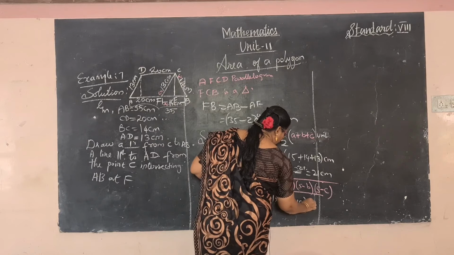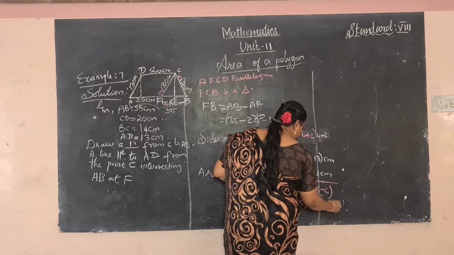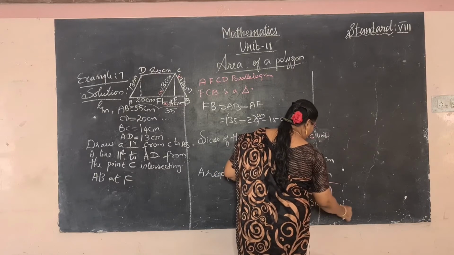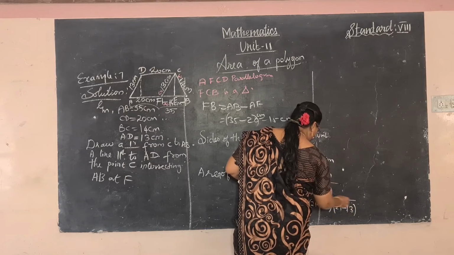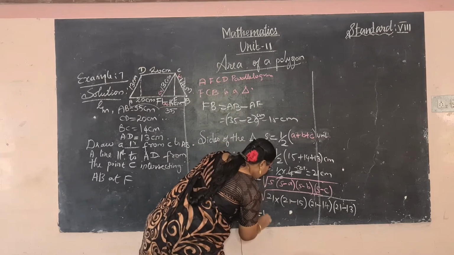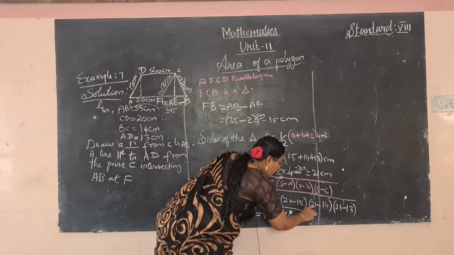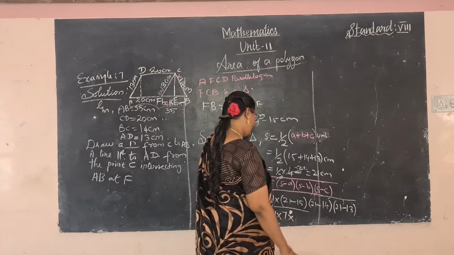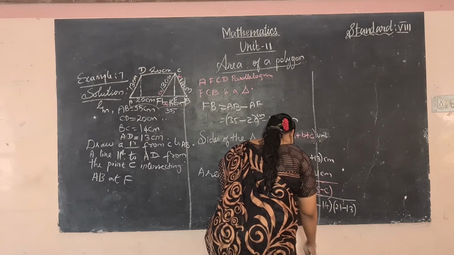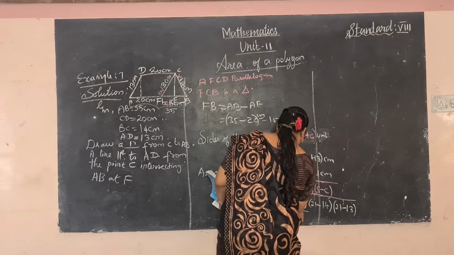Okay, and then 21 minus B value was 14, and 21 minus C value was 13. Okay, so 21 into 6 into 7 into 8.